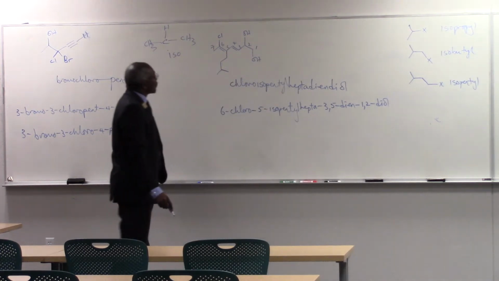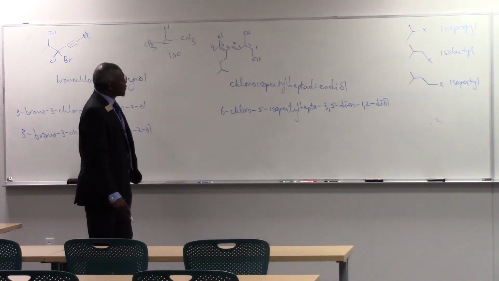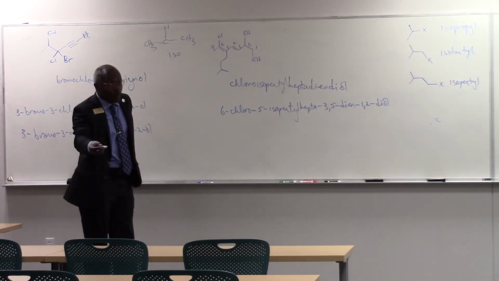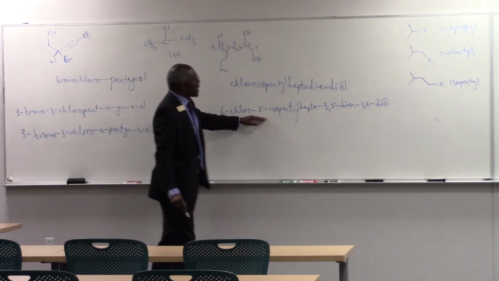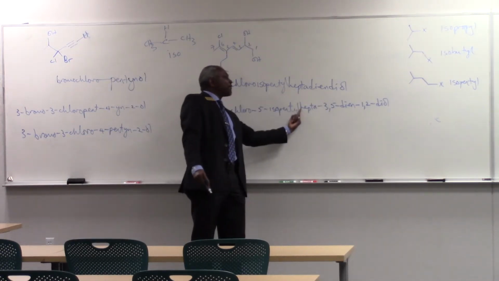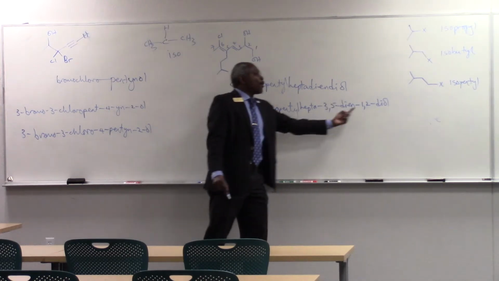So it's 6-chloro, 5-isopentyl, hepta-3,5-diene-1,2-diol. Or 6-chloro, 5-isopentyl, 3,5-heptadiene-1,2-diol.